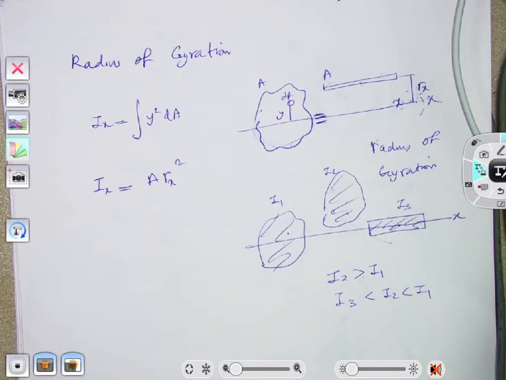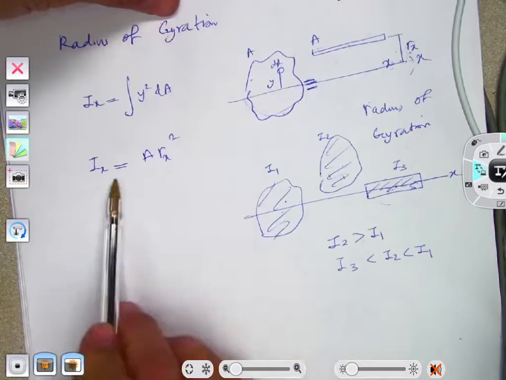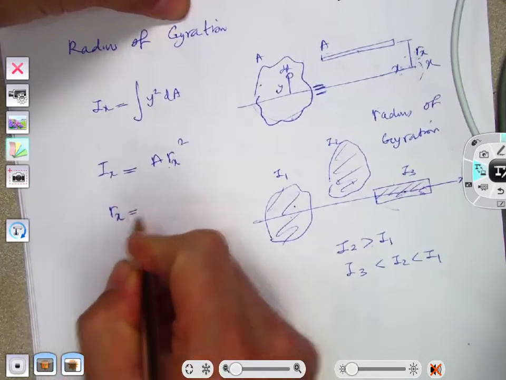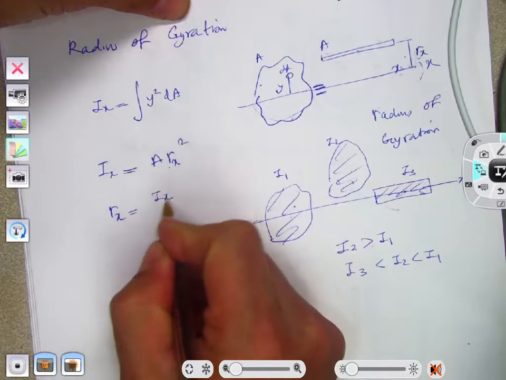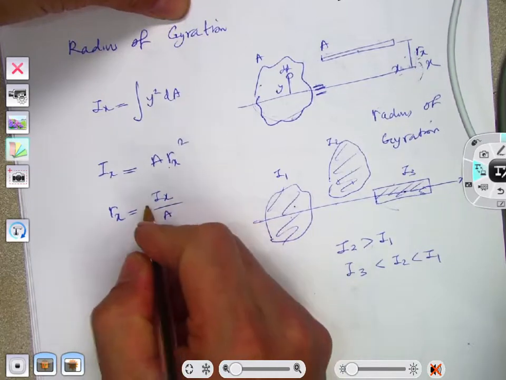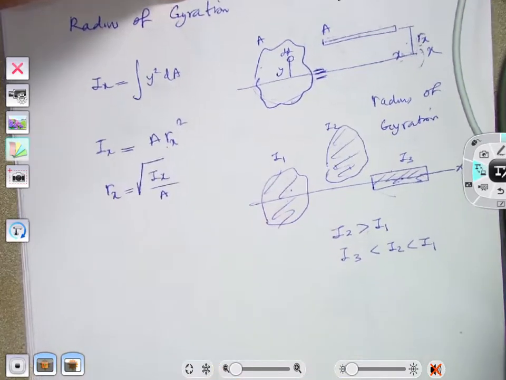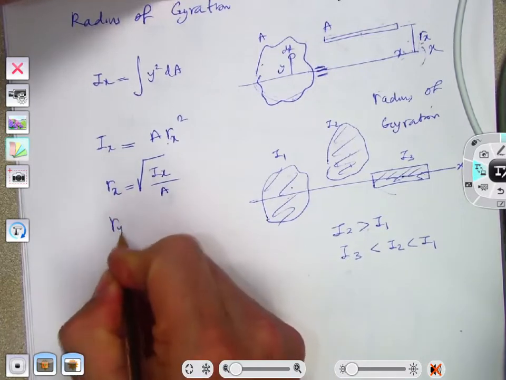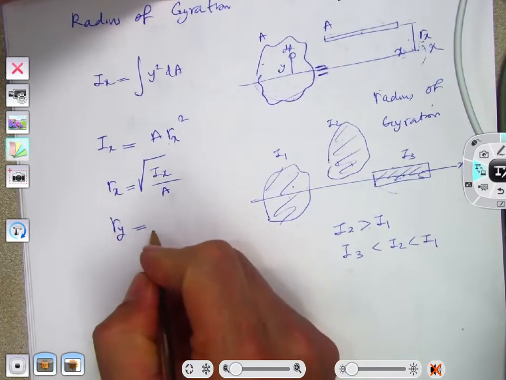Alright, so it's very easy. This is the definition. If you want to find Rx, divide Ix by A, and then the square root of that is going to give you Rx itself. We can define radius of gyration in the y direction like this.